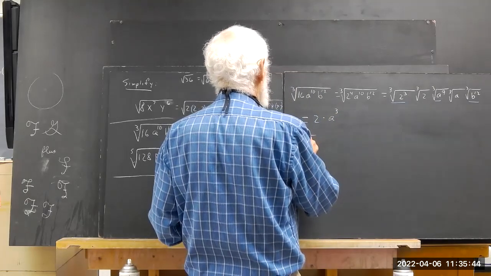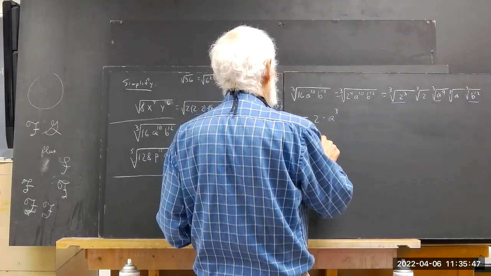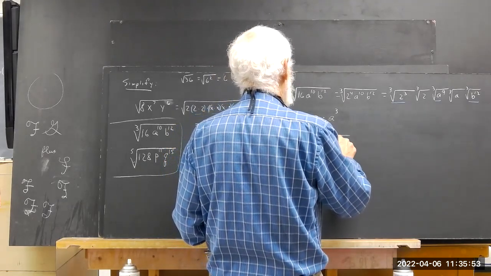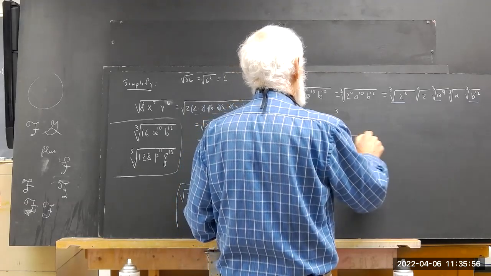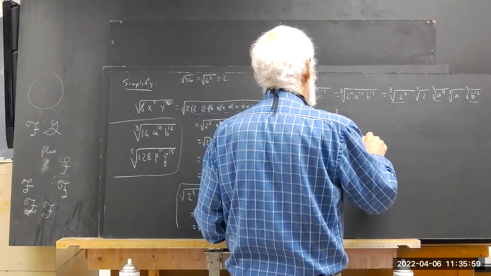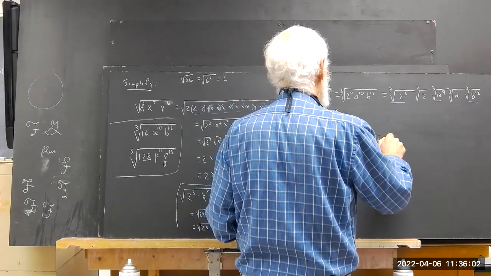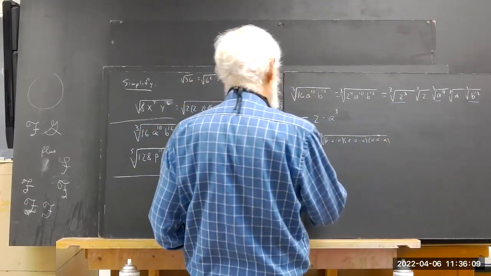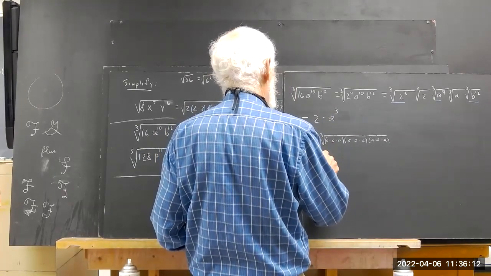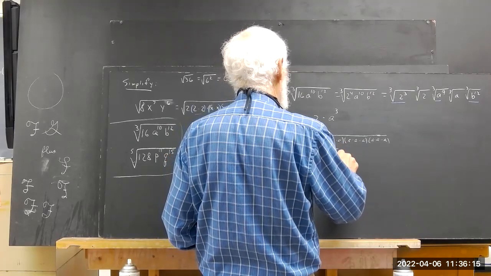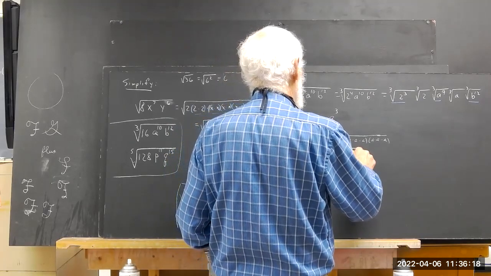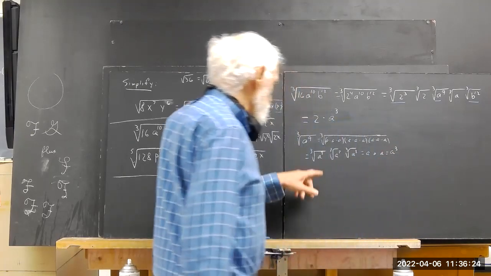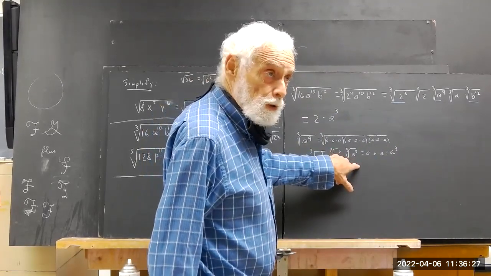Now mark that the cube root of A to the 9th is three groups, three A's. That's a cube root of an A cube, cube root of an A cube, cube root of an A cube.